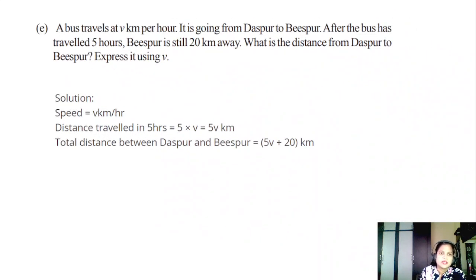Then the bus travels at V km per hour speed. It is going from Daspur to Bispur. After the bus has traveled 5 hours, Bispur is still 20 kilometers away. The kilometers are not given, but the speed is given.